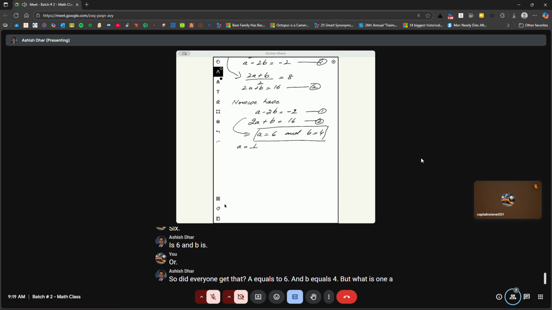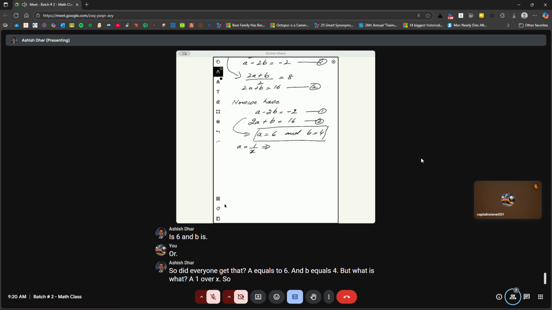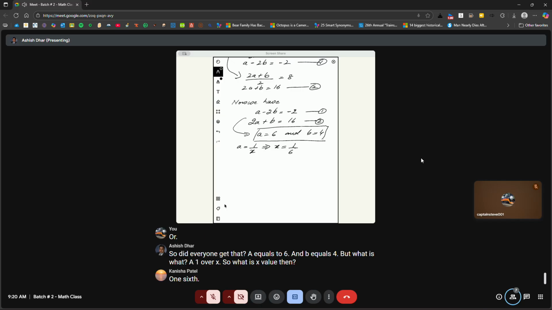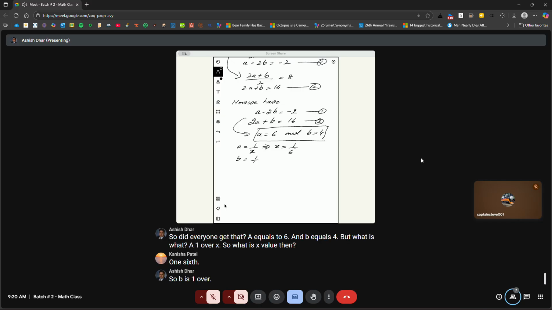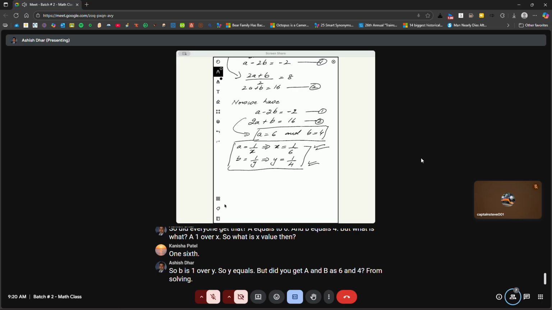But what is a? 1 over x. So what is x value then? 1/6. So b is 1 over y. So y equals 1/4. But did you get a and b as 6 and 4? From solving these two, did you guys get a and b as 6 and 4?